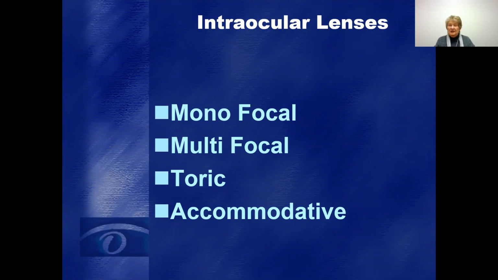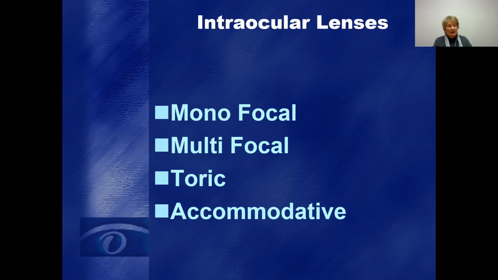Probably the one that you would see the most is the monofocal lens, meaning that the patient normally is set for distance so that without glasses, hopefully they'd be able to drive, watch TV, go to movies. The only thing they would need glasses for is maybe a pair of just over-the-counter readers that they can purchase at the drugstore. That lens is completely covered by Medicare and by your health insurance.